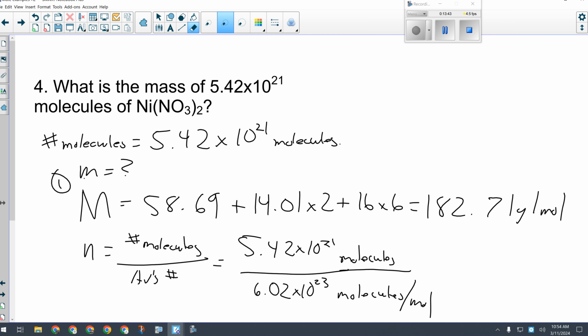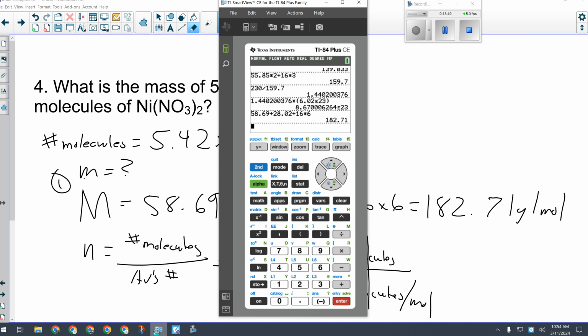When I do that, the molecules will cancel, I'll be left with moles, and a very, very small number. So 5.42 E21 divided by 6.02 E23.